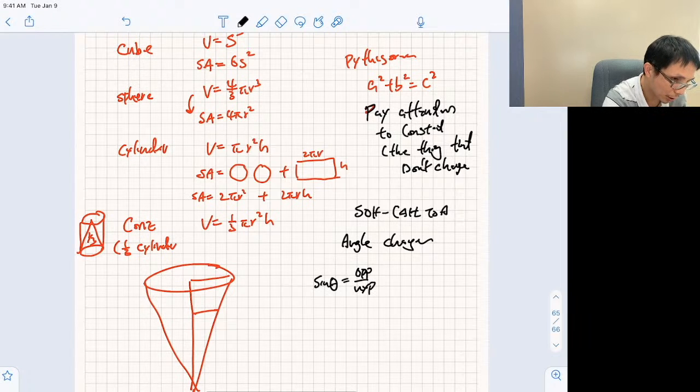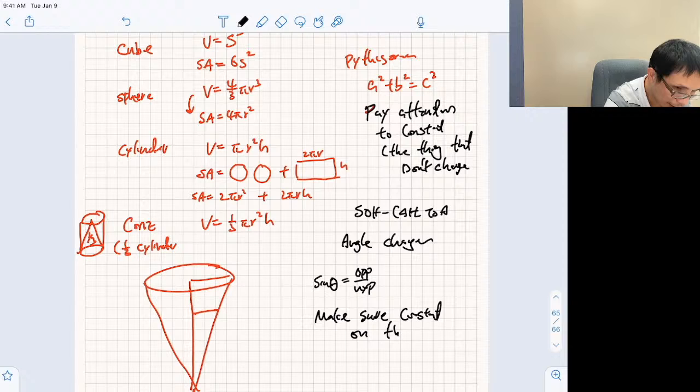Make sure the constant is on the bottom, because that will be easier to take a derivative. This will be the hardest case, the constant on the bottom.